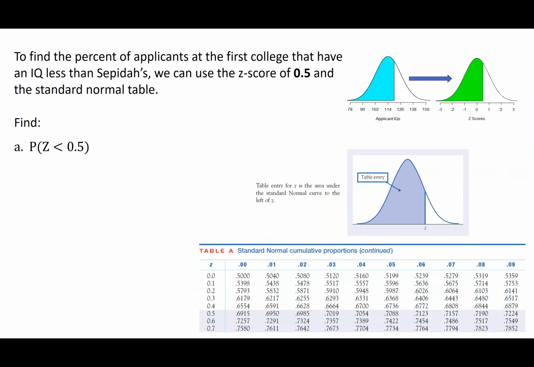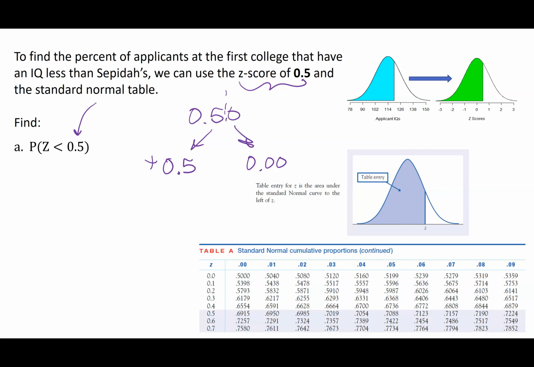And we're going to continue practicing it. So back to that problem with Sepida's IQ, we can use that z-score of 0.5 and find the area under there. It would tell me what percent of students at that college, or applicants at that college, scored lower than Sepida. That's the idea. So remember, College 1, we got a z-score of 0.5. I like to add the 0, so I can break that into positive 0.5, and it's important that it's positive, and 0.00.